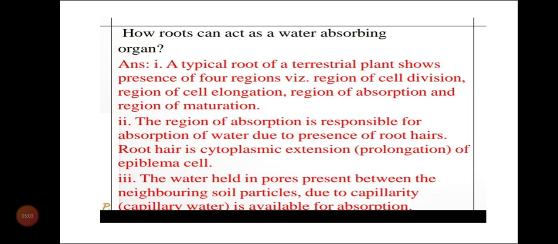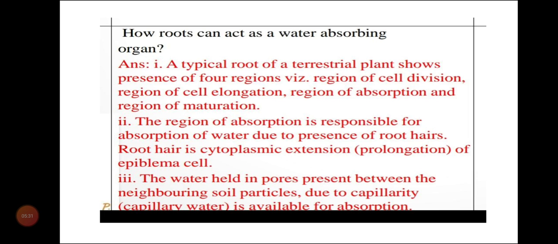Root hair is the cytoplasmic extension, or prolongation, of epiblema cell. The water held in pores between neighboring soil particles due to capillarity is available for absorption. So students, in this way roots absorb capillary water.